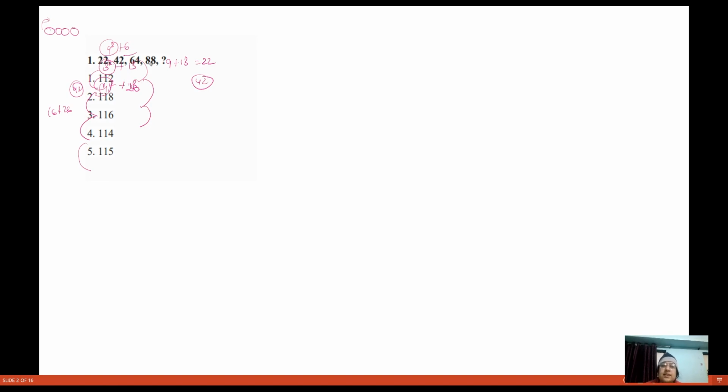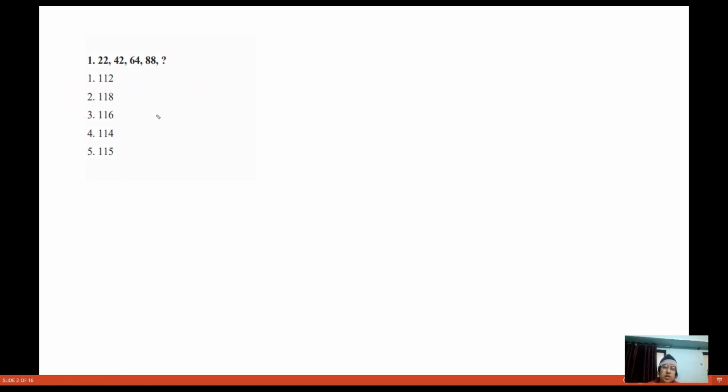The next consecutive square is 5 square and the next term is 39. The next consecutive square is 6 square, the next term is 52. The next consecutive square is 7 square, the next term is 13 into 5, that is 65. So you have all these. I hope now you will be very clear with this thing.